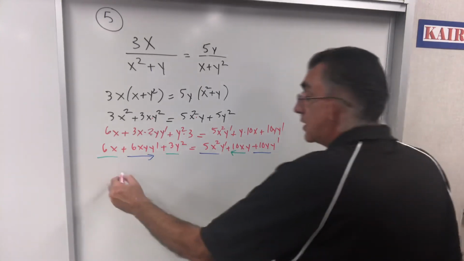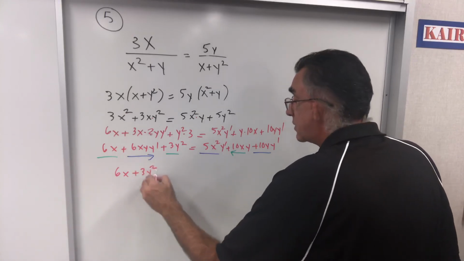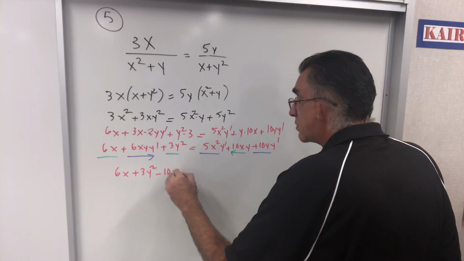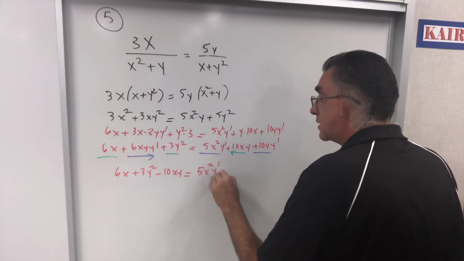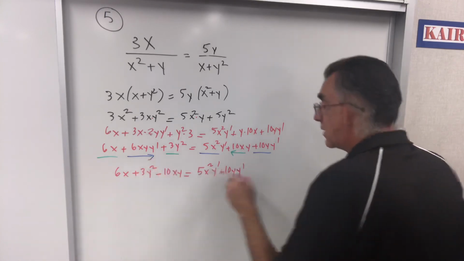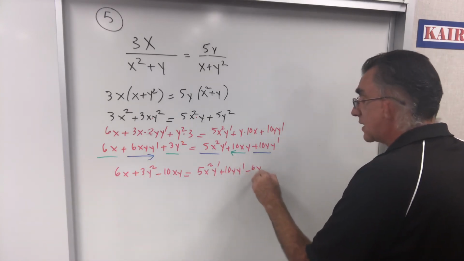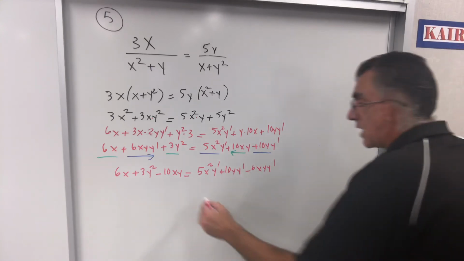So what do I get? The green ones are 6x plus 3y squared minus 10xy. And then the blue ones are plus 10y y prime minus 6xy y prime. And again, now it's highly repetitive.